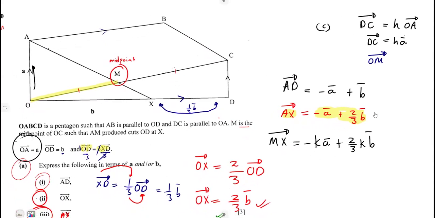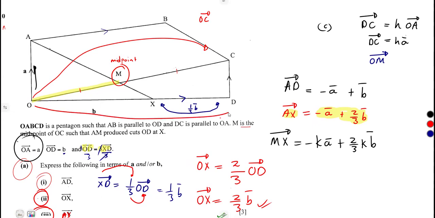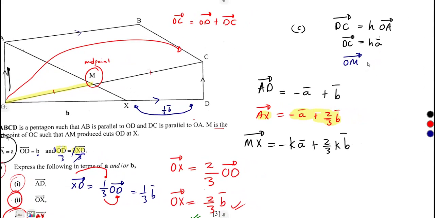OC, from O to C, includes DC, because we are going to take it this way: OD plus DC. So we can work from OC and have OM, because OM is halfway.